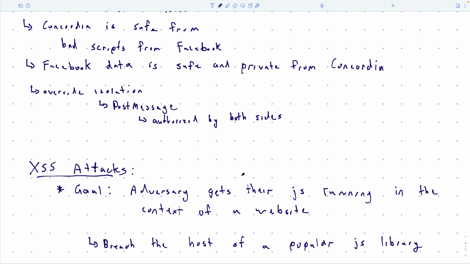Okay, so probably the most common is you find some JavaScript library that everybody's using, and if you're able to overwrite it, so let's say it's being hosted on GitHub and you're able to steal the password for the developer of that website or someone that has commit access to it, then you can corrupt it, right? Or maybe you make a mirror of that library.